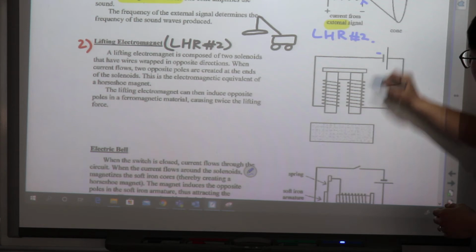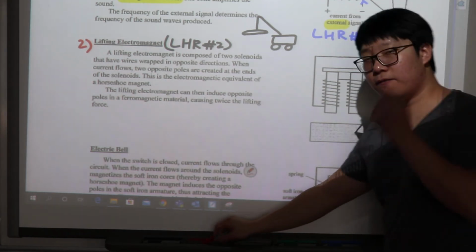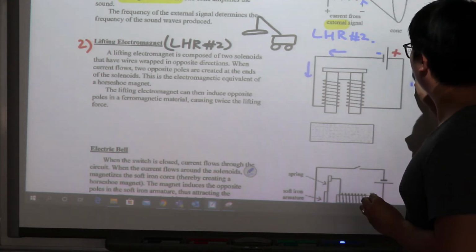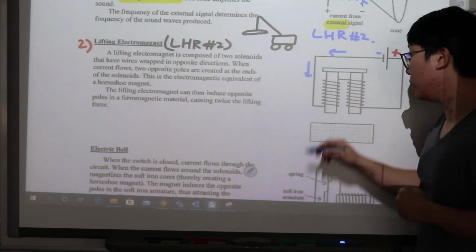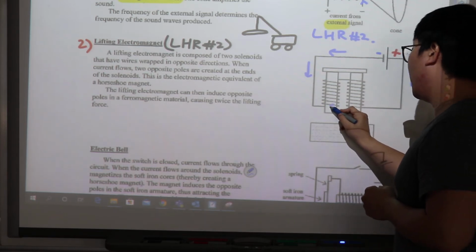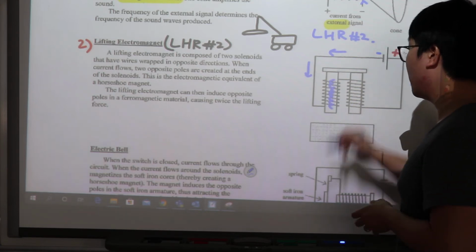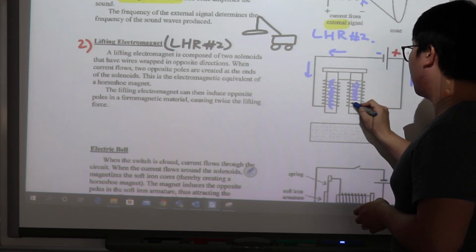Remember, short side is negative, long side is positive. So, if I draw the circuit, that's the way. And if you think about it, it's going to go behind and left, left, left, goes up, and then when it comes to go around, just follow your diagram.